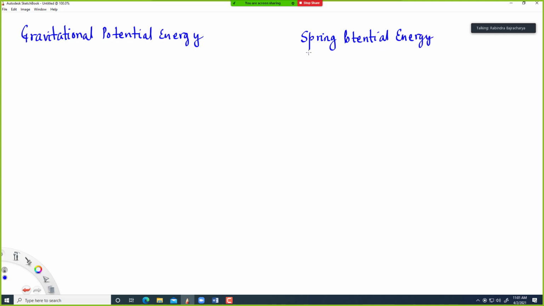And in some cases, instead of spring, we may also have an elastic rubber band. So for that, we use the term called elastic potential energy. Okay. So it could be either spring or elastic potential energy.